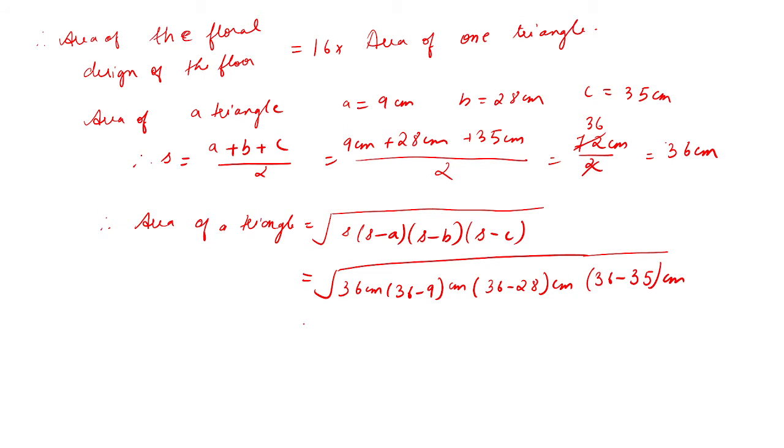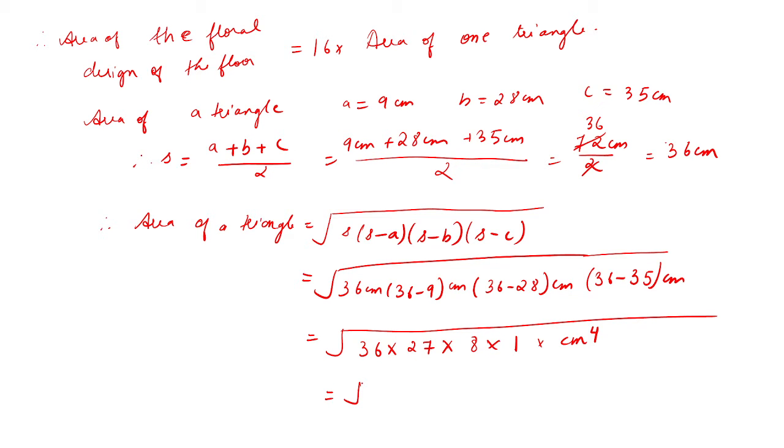So you can write this as 36 into 27, since 36 minus 9 is 27, into 8, since 36 minus 28 is 8, into 1. Clear? You can take all the centimeters to one side so that we can follow a step-by-step procedure.